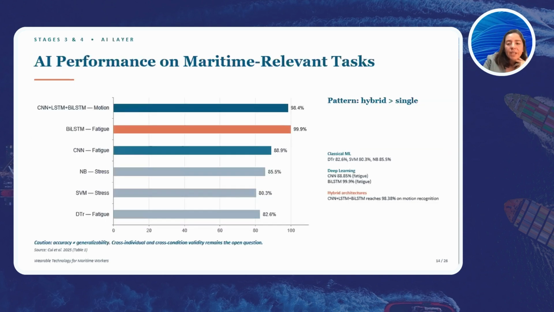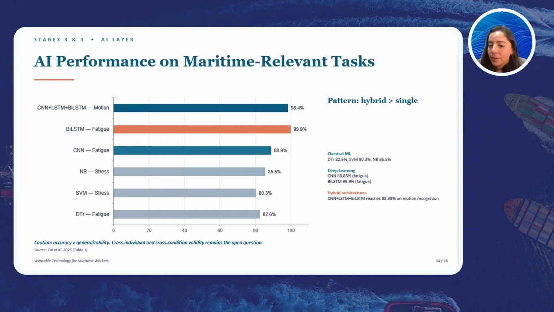So how does artificial intelligence perform on maritime-relevant tasks? Let's take a look at the artificial intelligence layer. This chart came from the 2025 review. On the classical machine learning side, we already know there are traditional models such as support vector machines, naive Bayes, and basic artificial neural networks, among others.